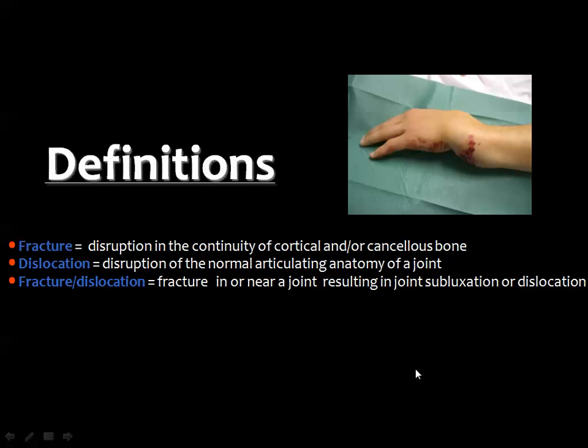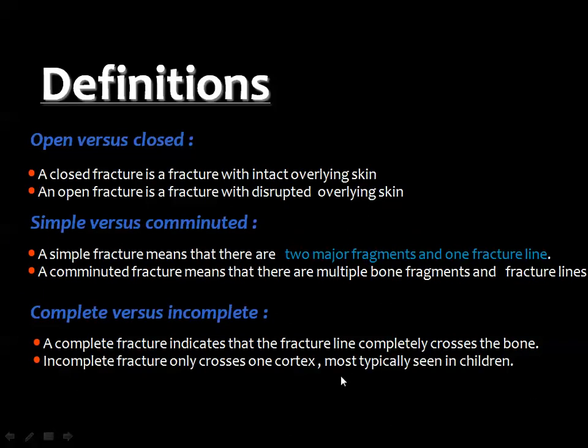And fractures are diagnosed as disruption of the continuity of the cortical and the cancellous bone. Dislocation means that there is disruption of the articulating bones at the level of a joint, and both may coexist in the item of fracture and fracture dislocation when the bone fractures near the joint and the adjacent joint is involved either by subluxation or by dislocation.